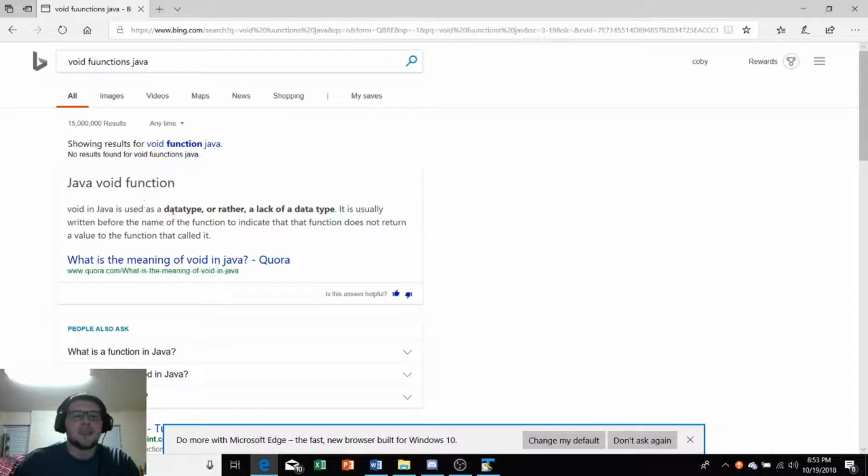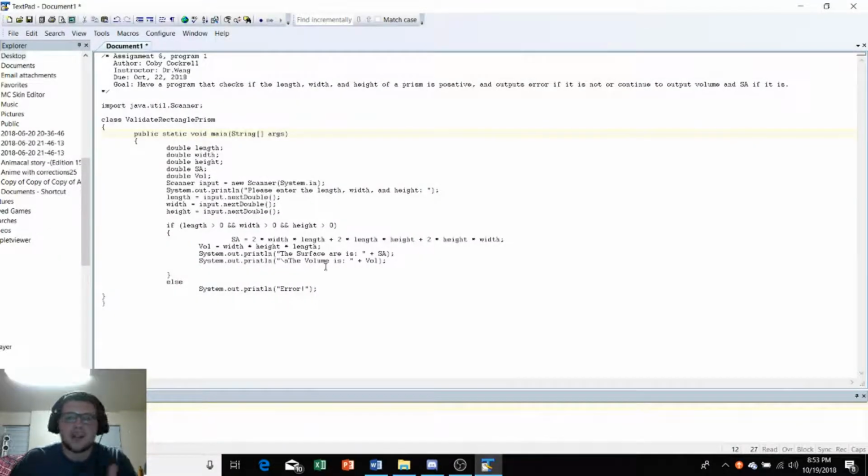Void is used as a data type, or rather a lack of data type. It is usually written before the name of the function to indicate the function does not return a value. Okay? I had to show you the definition because somebody was talking to me yesterday and they said that I should include, instead of me talking, show you it, so I did. Okay, I showed you it.